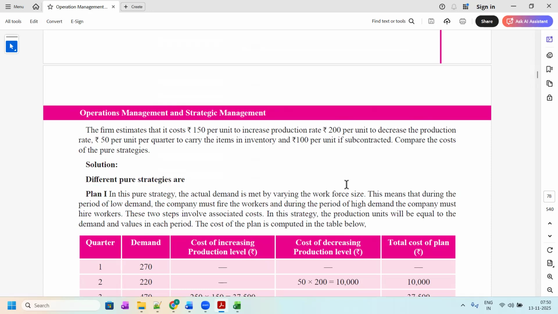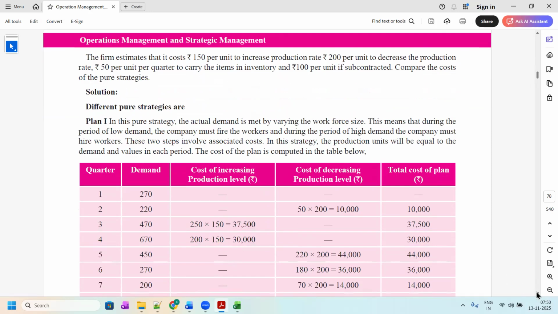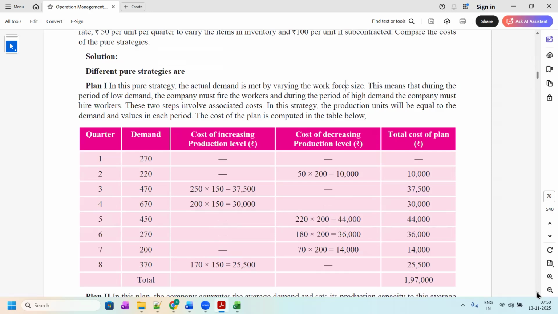Okay, fine. Then they're asking us to compare the cost of the pure strategies. So what is pure strategy? Before the exam, you need to understand the term pure strategy. In the pure strategy, the actual demand is met by varying the workforce size.